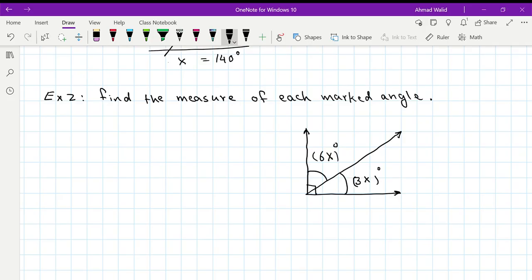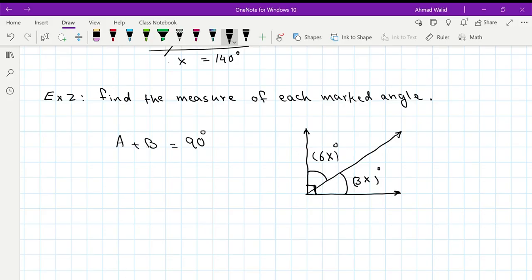Look at this sign. What do you see? You see a right angle, correct? And two angles that add up to a right angle means complementary, correct? It means these two angles that you see here, 3x and 6x, are complementary to each other. Then we know the relation that A plus B is 90 degrees.